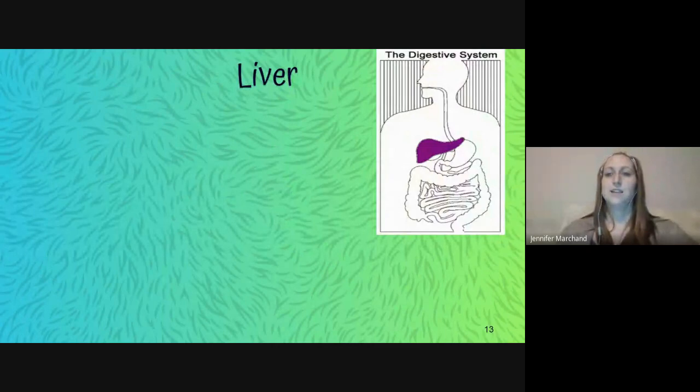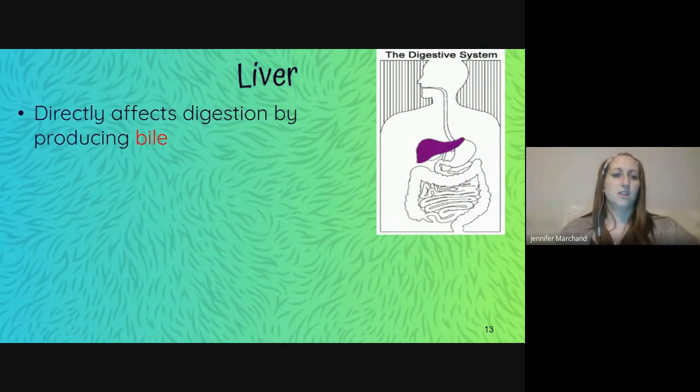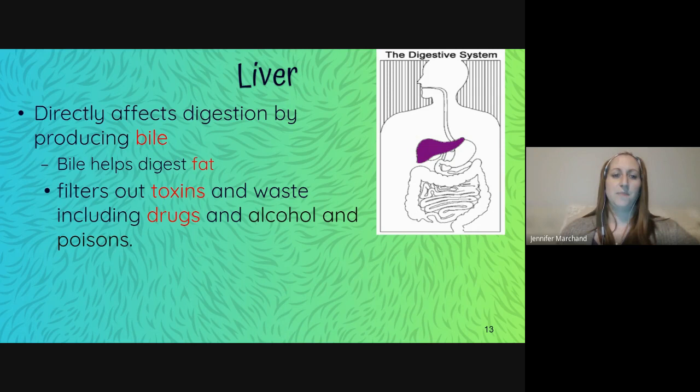Why is the liver important in the digestive system and the excretion system? This directly affects digestion by producing bile. Bile helps to digest fat in your system. So when you're thinking, oh, I ate bacon, or oh, I had a heavy avocado, the liver is producing that bile that helps to digest that fat. It filters out any toxins and any waste, including drugs and alcohol and poisons.